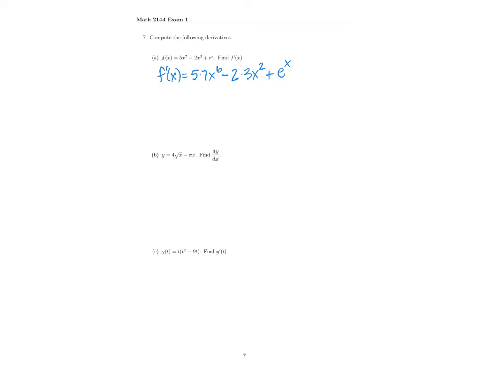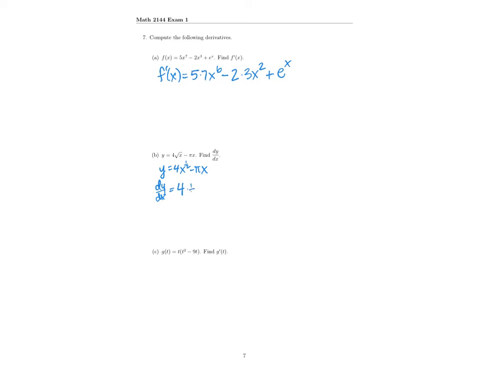For the next one, I'm going to rewrite this before I take the derivative. Because I have that square root there, I'm going to write that as 4x to the 1/2 minus pi x. And again, remember, this pi is a constant that's being multiplied by a function of x. So as I do my dy dx, the 4 is going to stay because it's a constant multiplied by a function of x.